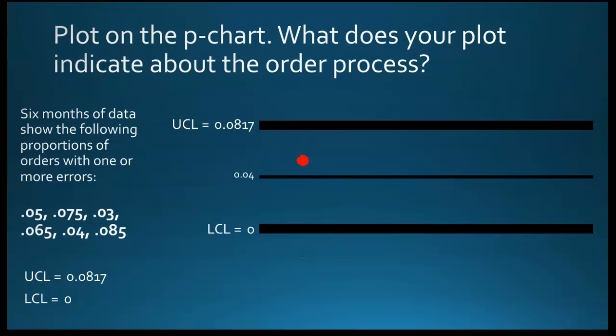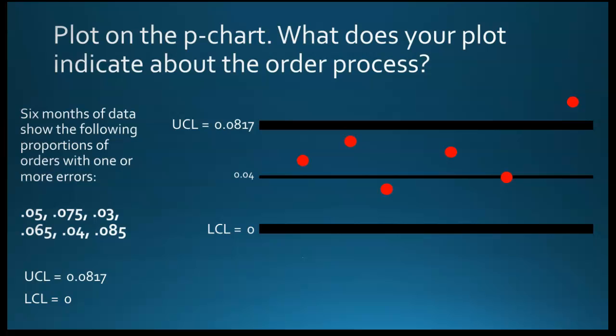So we have 0.05, 0.075, 0.03, 0.065, 0.04, and 0.085. So just like when we plotted on the NP chart, the first 5 pieces of data, nothing wrong with them. They're within the limits.